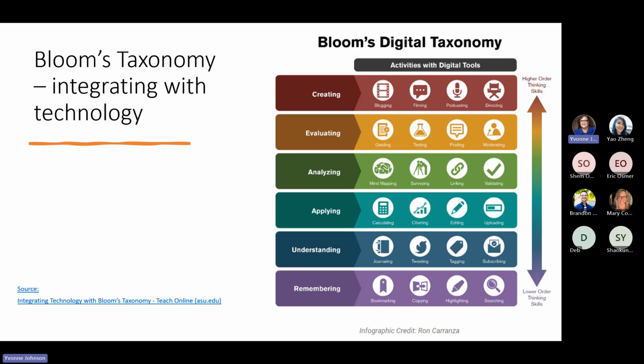So if I've decided that applying is the level of cognition that we need them to be at, then I can say, okay, well, maybe I can have them calculate some different metrics that will show the likelihood of a hurricane coming based on these different data points, or creating a chart based upon these different data points.